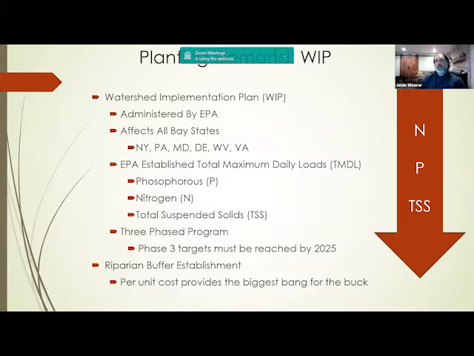What the EPA has asked all the states to do individually is we've set limits on these things for your states. And then the states look at the county levels, and it just continues to push itself down. The EPA isn't necessarily stating you need to do X, Y, and Z to meet these standards. They're just saying you need to meet these standards. So the big push obviously is to reduce the nitrogen, the phosphorus, the total suspended solids.